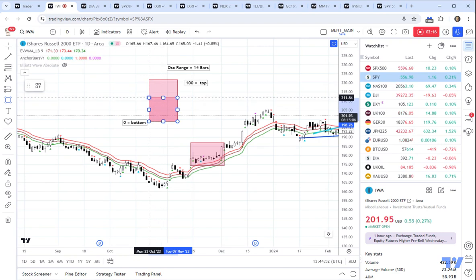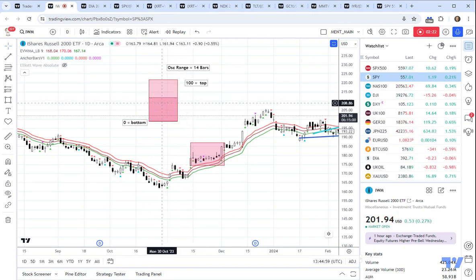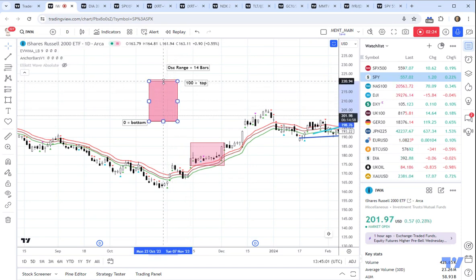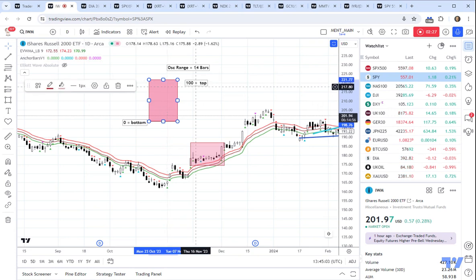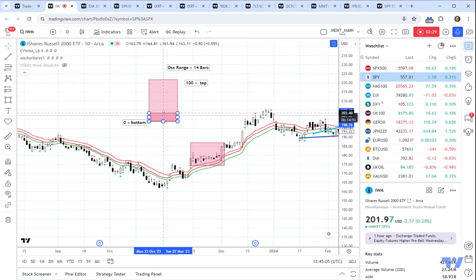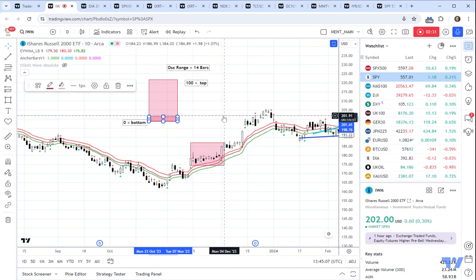So hypothetically, if price was here, the value would be about 55%, just above the midpoint. If price was here, the value would be 100%. If price was down here in this range, the value would be 10 or 15 or maybe 20%.